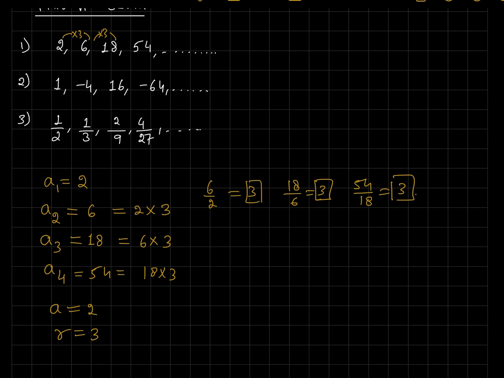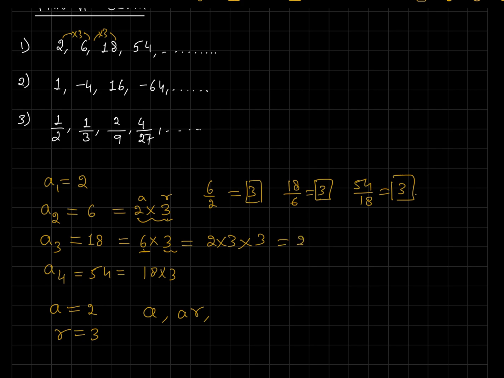Now how can we generalize this? My first term is a, and the second term is a times r, that is 2 times 3. So my second term is ar. Then I can write 18 as 2 into 3 squared, because I simply factorized it.